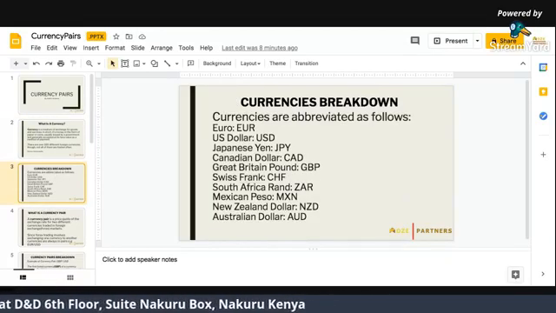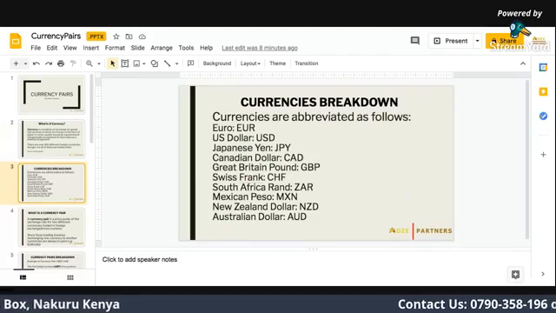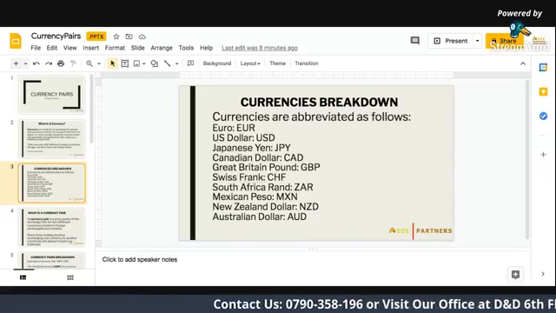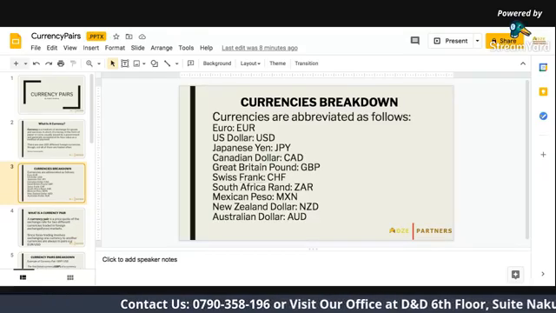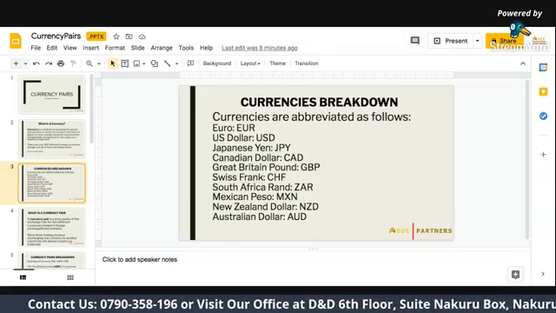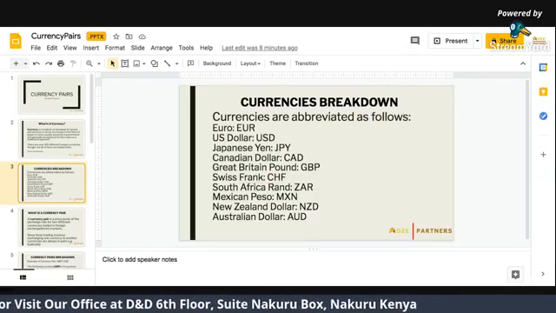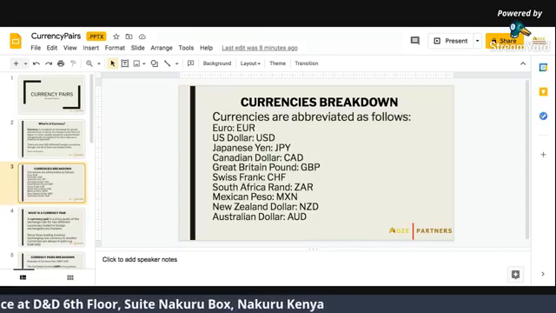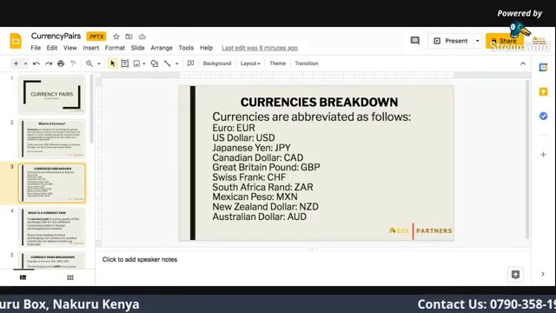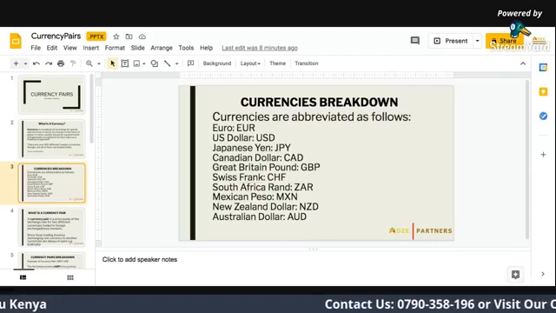Let's break down the currencies. We said currencies are being issued by governments. Get that clear? They are being issued by governments, and the central banks are the ones that issue the currencies. So each country has its own central bank.